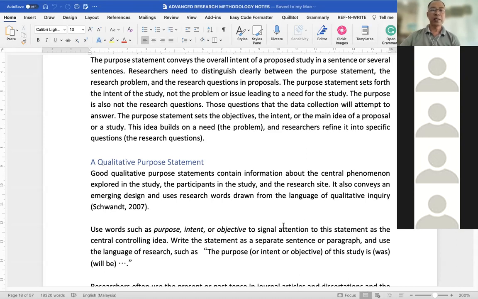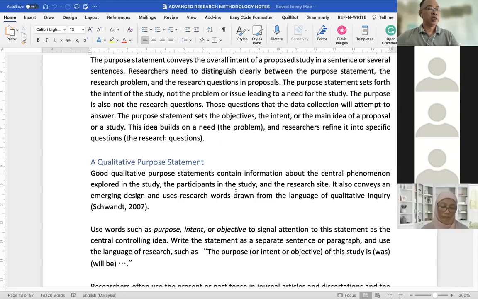It also mentions the participants in the study. Sometimes, for example, the researchers want to do participant observation or non-participant observation. In that case, who are the participants in the study?